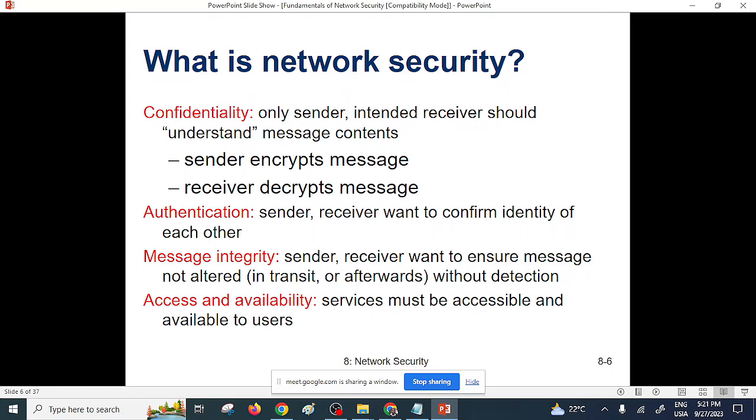So any attempt by a hacker to interfere with the availability of a resource is an attack that has actually happened. So we need to ensure that we maintain the three elements: confidentiality, integrity, and availability. And that is the end of the network security topic.